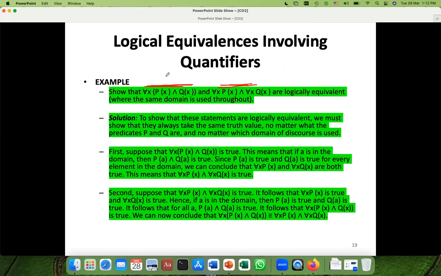You will take this first statement and discuss what it is and what the truth value for this one is. And then you will start with this one through supposition. You will suppose something by taking this first statement, and then you will discuss something. And finally, you will reach the truth value of this statement.